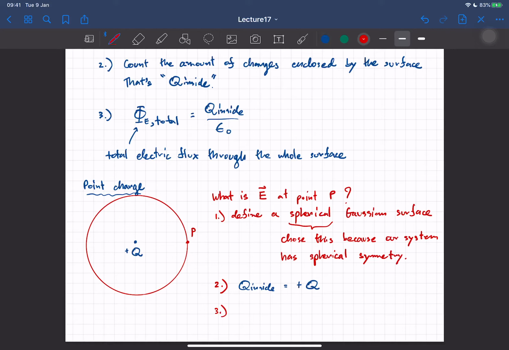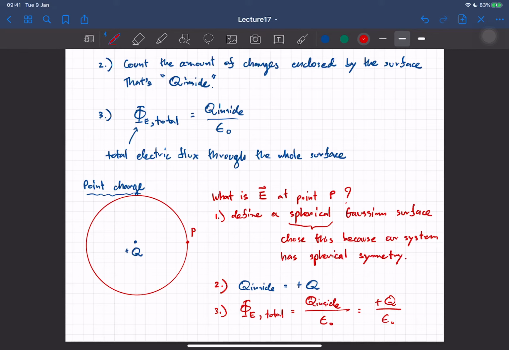The total electric flux is just Q inside divided by a constant epsilon 0, but Q inside is just plus Q. So we know already the right-hand side of this equation.